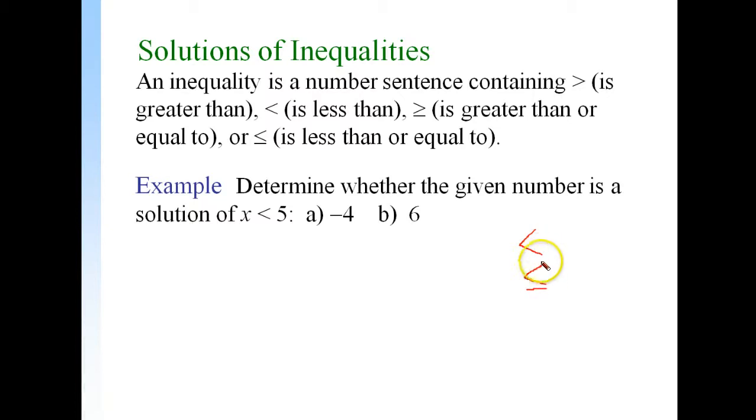So there are 2 distinct signs, and we'll go over the significance of that later. And then this one, where as you go from left to right, the broad or opened end is toward the left, is greater than, and then this is greater than or equal to. Now in the whiteboard video that I do, I have these up to the side of the board throughout the lesson so we can pick on them.